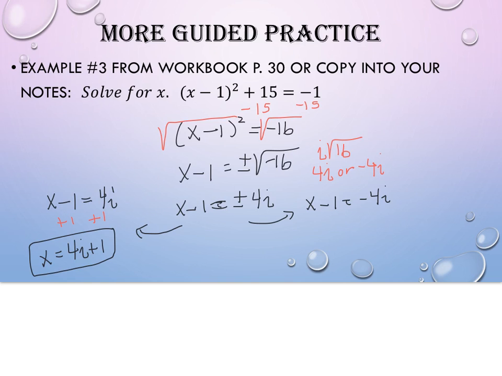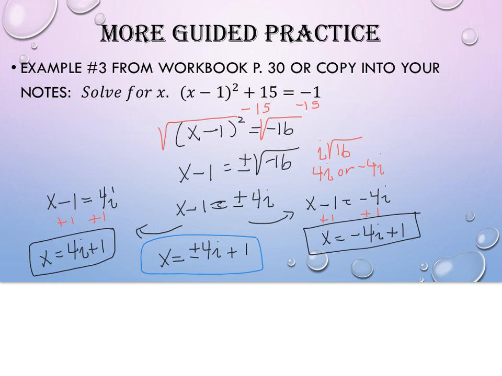Remember, you cannot combine i's and 1's because one is a constant and the other is imaginary. So if I add 1 to the other, I would get x equals negative 4i plus 1. Now if you wanted to put them together, you could say x equals plus or minus 4i plus 1. So either one would be great.